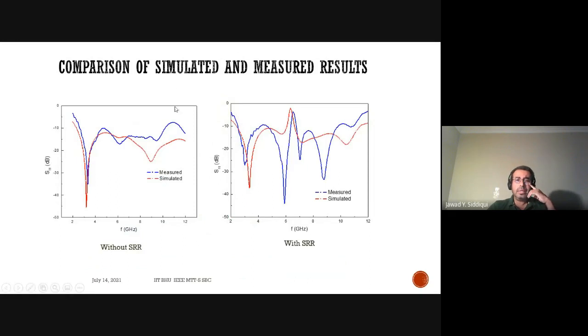This is the comparison of the simulated and measured reflection coefficient magnitude plots, and you can see the measured and simulated plots show this antenna working from almost 2.2 gigahertz to around 10 gigahertz. Whereas when we use the SRR, it yields a notch at 6.34 gigahertz, the measured notch at 6.34 gigahertz.